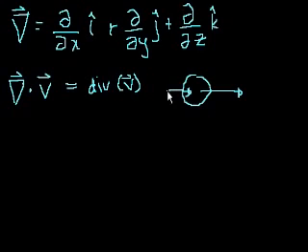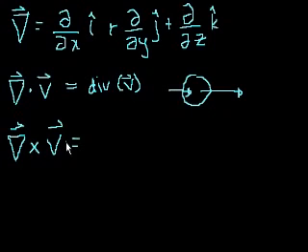So now the intuition, because now we don't care about the rate of change along the direction of the vector. We care about the rate of change of the magnitudes of the vectors perpendicular to the direction of the vector. So the curl, you might guess, is equal to the cross product of our del operator and the vector field. And if that was where your intuition led you, and that is what your guess is, you would be correct.